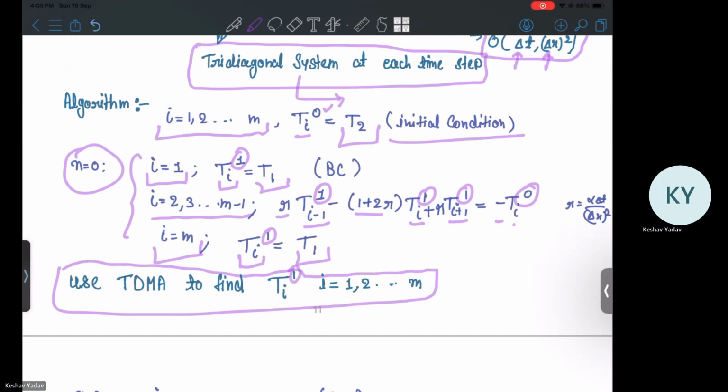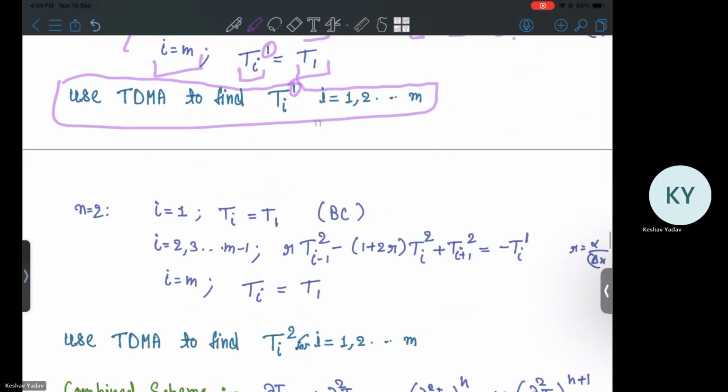Okay. Now similarly, at n equal to 1, at i equal to 1, Ti will be equal to T1 from the boundary condition. Similarly, at i equal to m, Ti will be equal to T1 from the boundary condition.